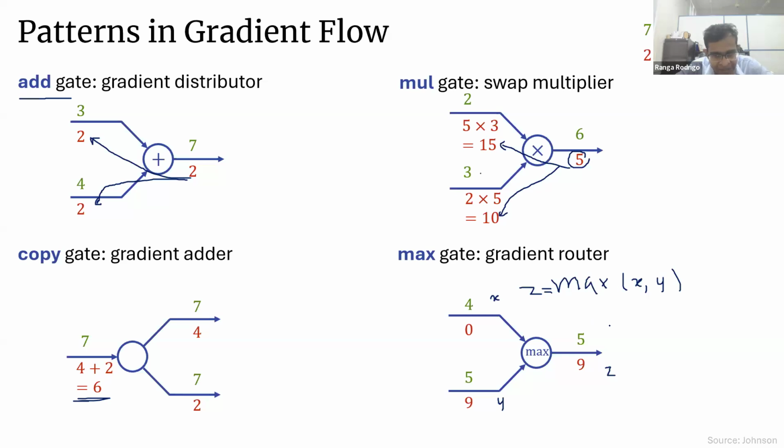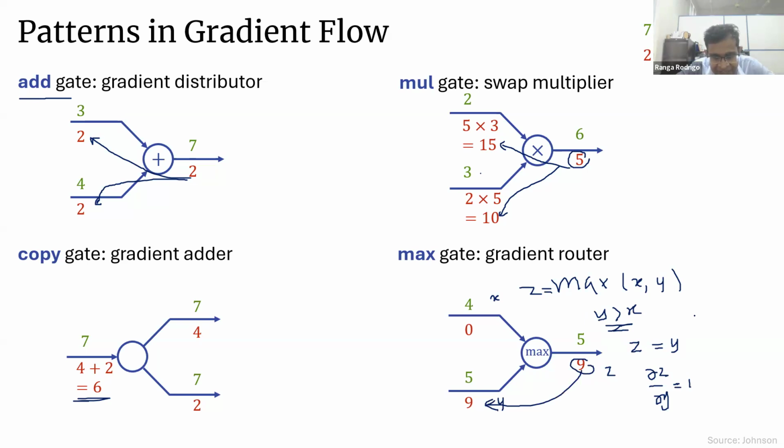All right. So consider the case where Y is greater than X. If Y is greater than X, Z is equal to Y. So therefore, partial derivative of Z with respect to Y is 1. So therefore, you can see this one gets repeated.